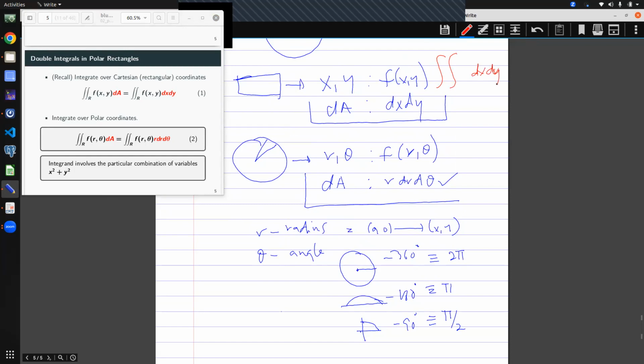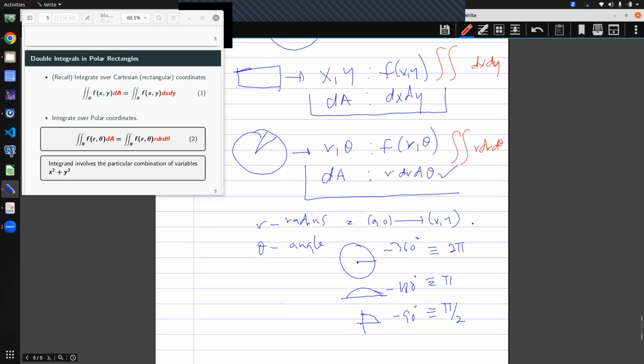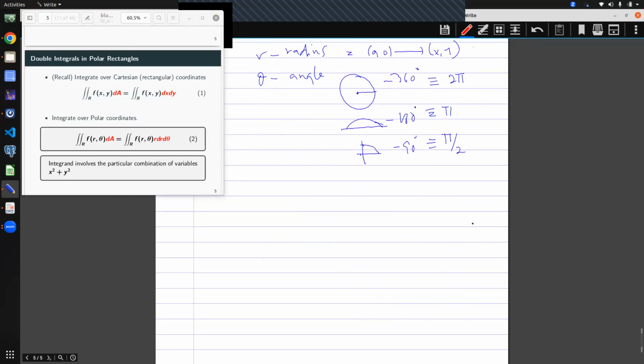And so if we have r dr d theta, it is going to be a double integral with r dr d theta. That is what we see in equation 1 and equation 2. So in place of the double integral of the function f of x y dx dy, I'll have in polar f of r theta r dr d theta. This is the difference.